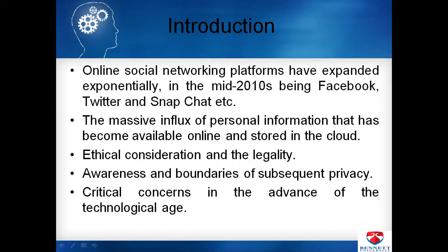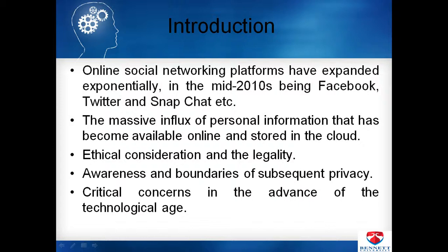Next is ethical consideration and legality. We have PI information, that is, the mobile number and addresses related to the personal user. So there is an ethical consideration and legality that an organization or a company cannot share this PI information for their benefit. There is also the awareness of boundaries of subsequent privacy.